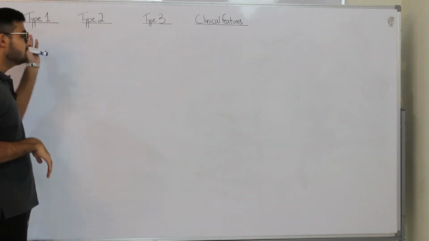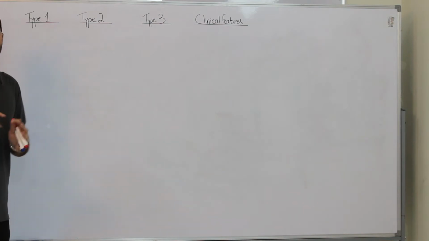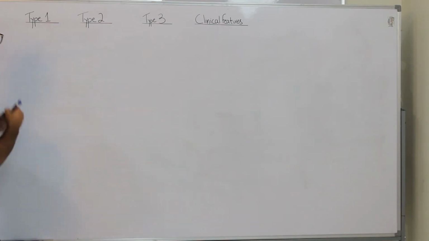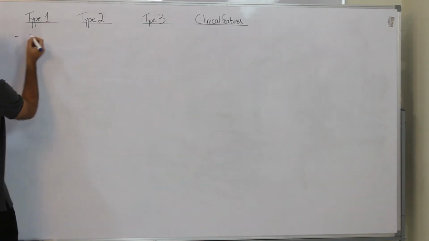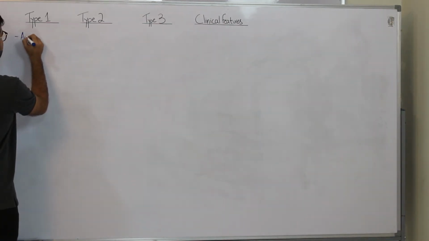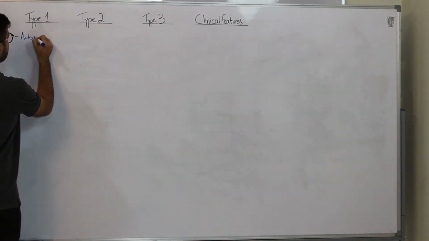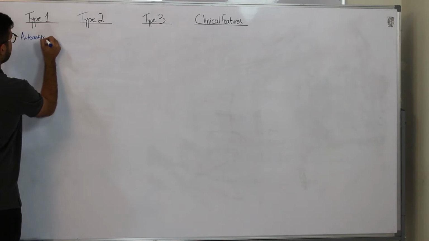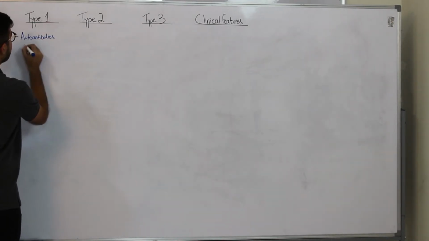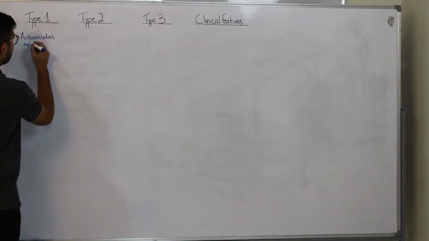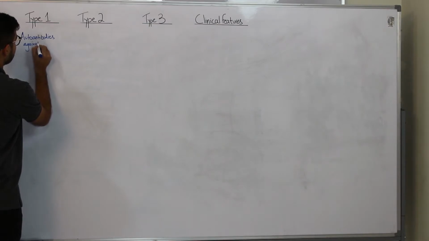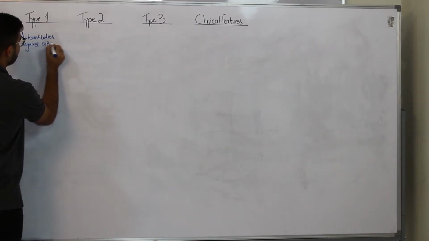So let's talk about the first type, what happens in type 1 RPGN. In type 1 disease, you have autoantibodies against your glomerular basement membrane, against GBM, right?